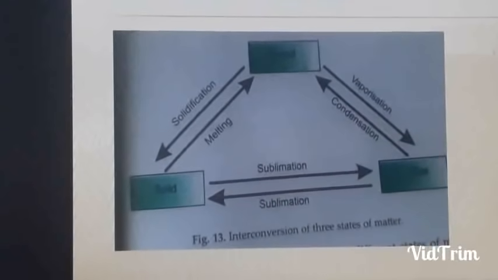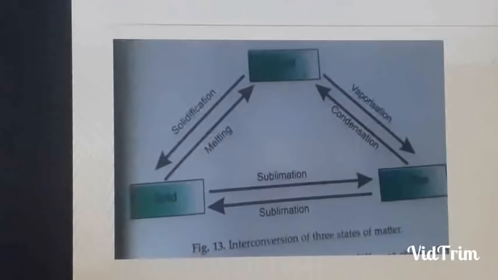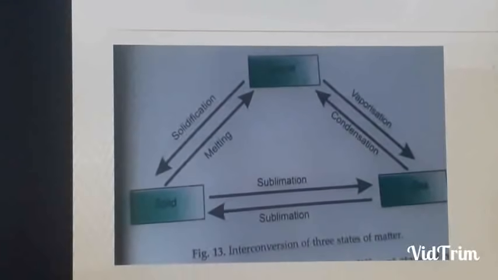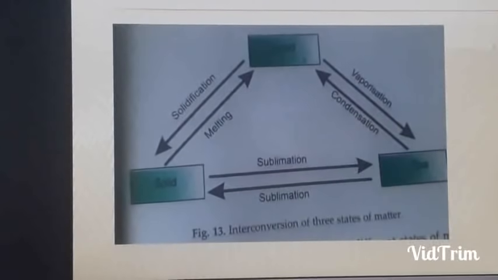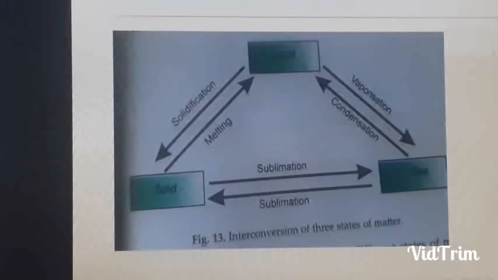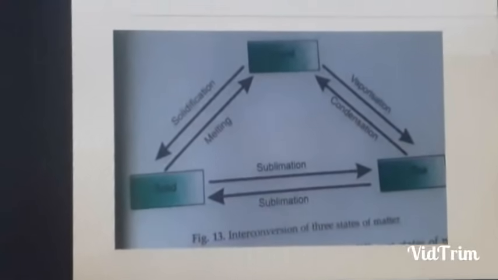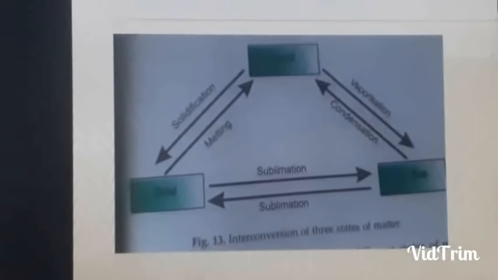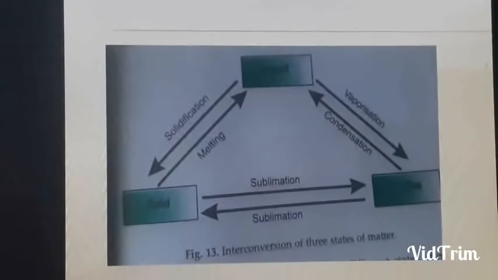Can we draw a chart to indicate how we can change from one state to another? Yes, we will make a chart, and in that we can write with proper arrows that to move from solid state to liquid state we need to heat it. This process is known as melting. From liquid to gaseous state, again we heat it. This process is known as boiling or vaporization.